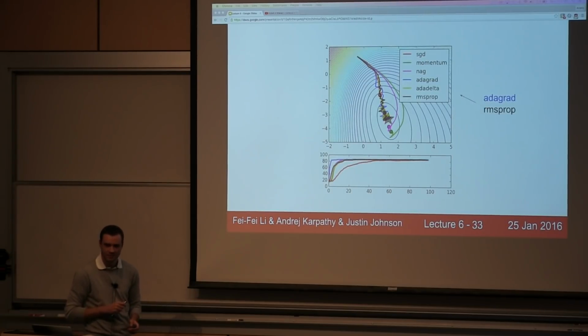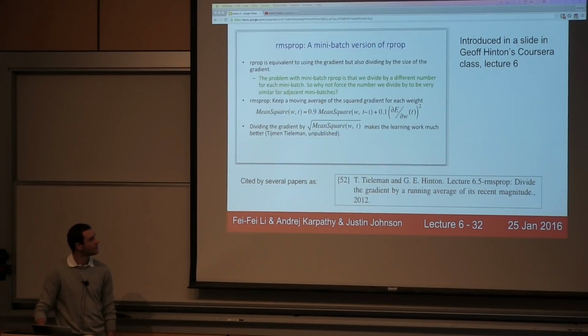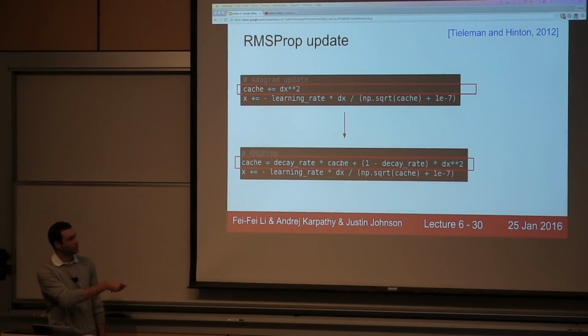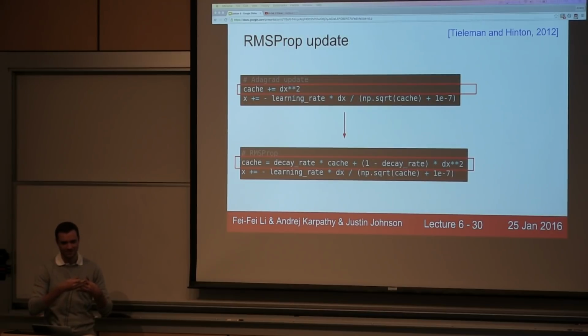People tried using a window, like the last, let's say, 10 squared gradient values that are summed together. So you want to have a finite window over which you're summing up these gradients? RMS prop is already adding up your gradients from the past in an exponentially weighted way.